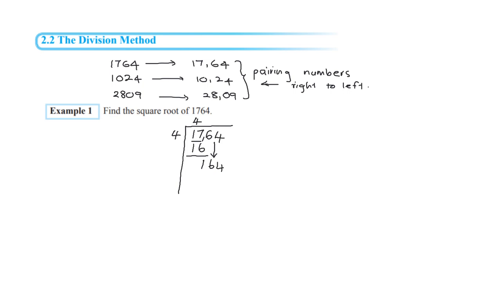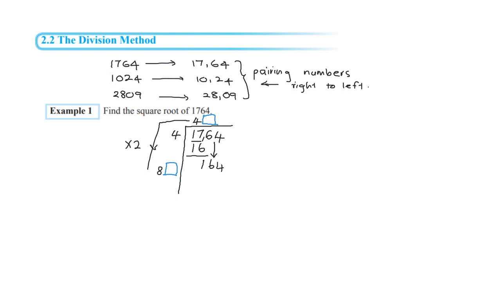Then what is the next step? We have to double this number. We have 8. The next number you are going to put here, the same number, you have to put to the right of 4. If you put 1 here, you have to put 1 there. Then it's 81. It's less than that.